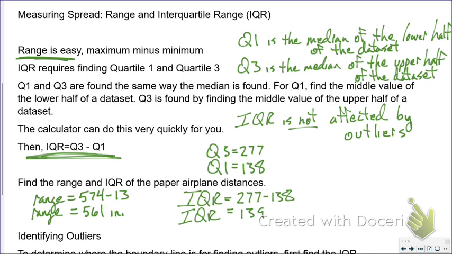By the way, just in case I didn't say it in the last video, Q1 is the 25th percentile of the data set. And Q3 is the 75th percentile.